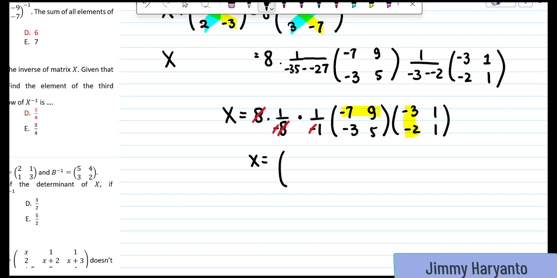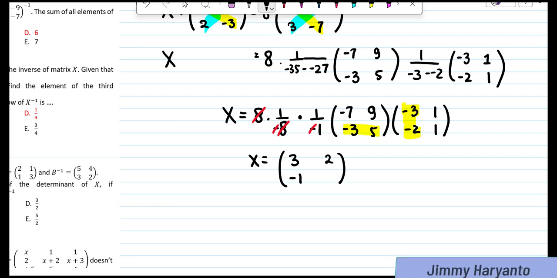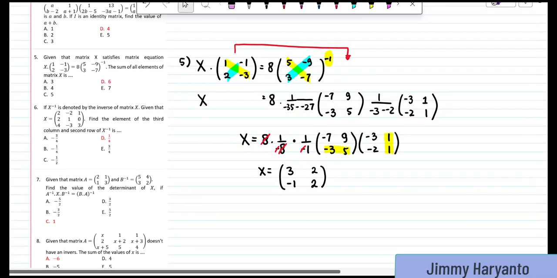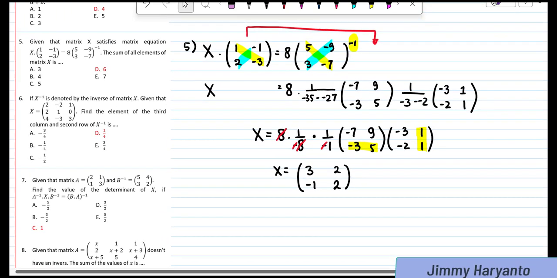You'll have negative 21 minus 18, 3, and then that one times this one, -7 plus 9 equals to 2, and then go down, this times this. You'll have 9 minus 10 equals to -1, and the last one is this one, -3 plus 2 equals to 2. There you go. This is the value of matrix of X.